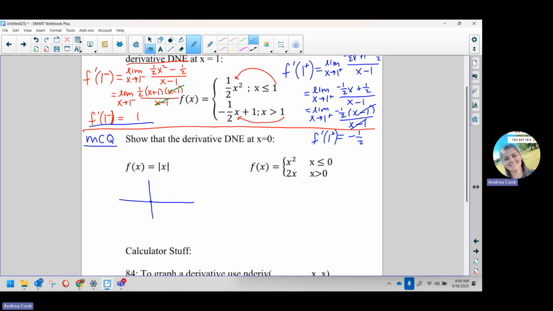Absolute value of x looks like that, right? This side is really y equals x, and this side is y equals negative x.